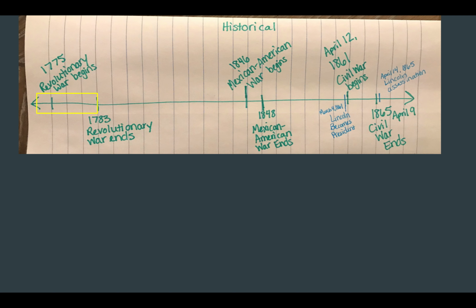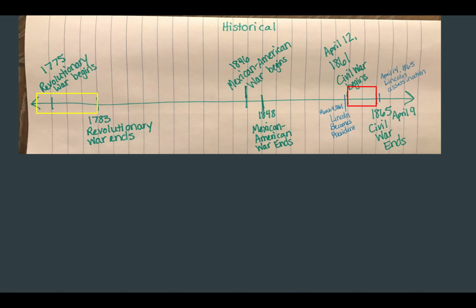Now, we know that during the Revolutionary War, we studied a whole bunch of different events. Boston Massacre, Boston Tea Party. There were so many things that happened in that short little chunk of time on our timeline. I didn't list every little thing.